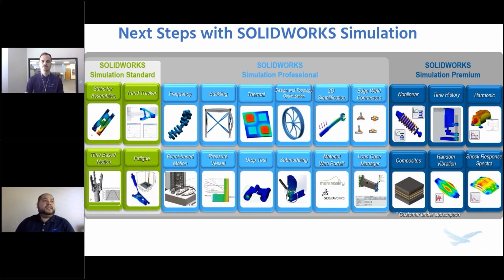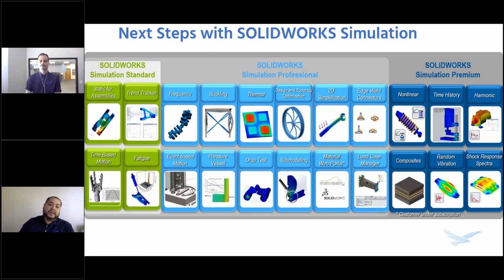Or maybe you want to test, well, my structural analysis said that it's going to withstand that load, but what if I want to know if it's going to withstand that load after a certain number of cycles through a fatigue analysis? Well, we can do that here within our full-blown analysis tools, right? So from there, we can reference that structural analysis, take it into a fatigue, and see whether it's going to fail after a certain number of cycles there.